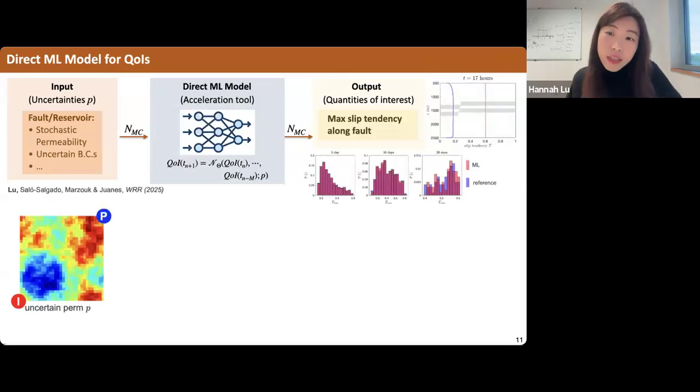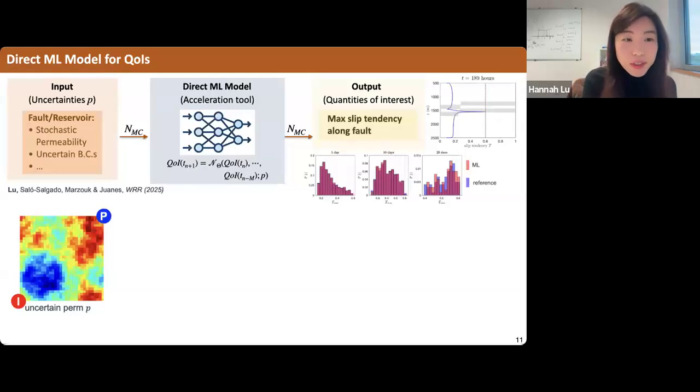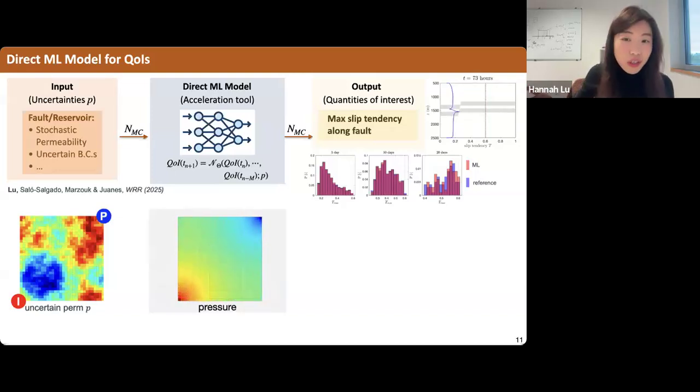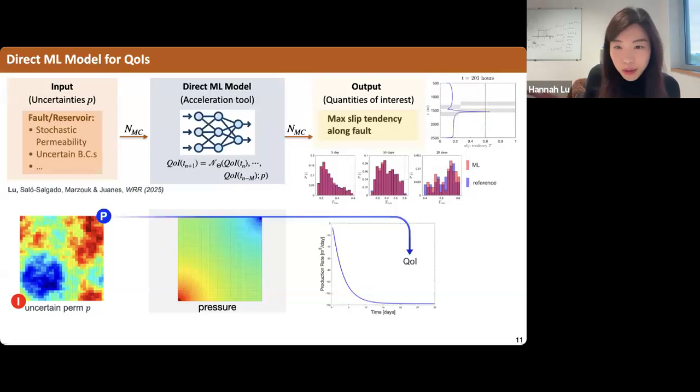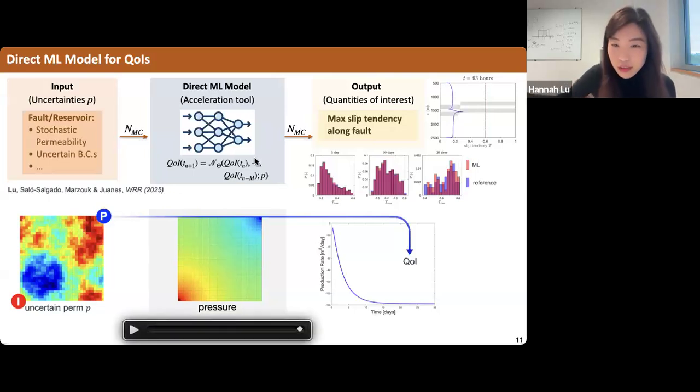Another example here is the classical quarter-five spot example. We have a random permeability field, one injection well, and one production well. The traditional way would need full field simulation of the pressure field, although the quantity of interest could just be the production rate in the northeastern corner.